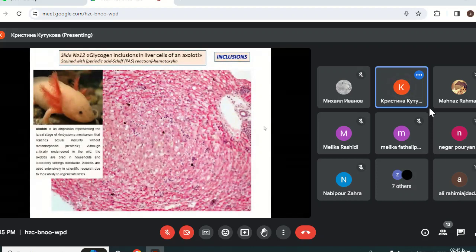So one such inclusion can be the inclusion of glycogen, and you can see these inclusions stained in red color with a specific staining, not hematoxylin eosin, but the specific PAS reaction, periodic acid Schiff reaction. And hematoxylin was used to visualize cell nuclei. It's actually the liver of this funny creature, which is axolotl.